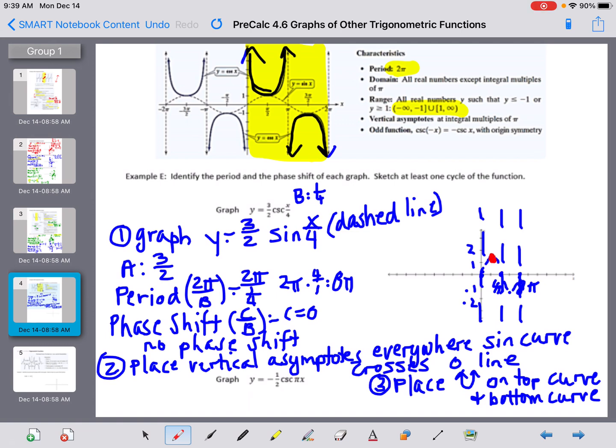By the way, it touches that guideline. I don't really like to call it an asymptote because I actually touch it. It's so important it touches. Don't have it hanging off there. I make a U between those asymptotes, and the bottom one touches the negative 3/2 mark because of my amplitude. The red curves are actually my graph, but I need all those other values so that I see where I found my guidelines. There's one period right there, one cycle of that function.